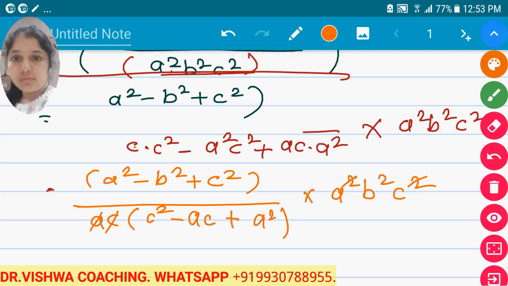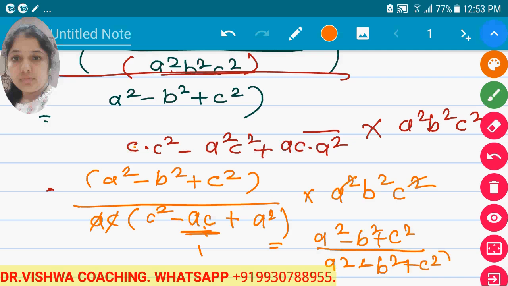Now see, what we have to do is, instead of this AC, we have to keep B square, because B is the mean proportional of A and C. So we can write it as A square minus B square plus C square upon, instead of this AC I am taking B square, so A square I will bring first, then minus B square instead of this AC, plus C square.